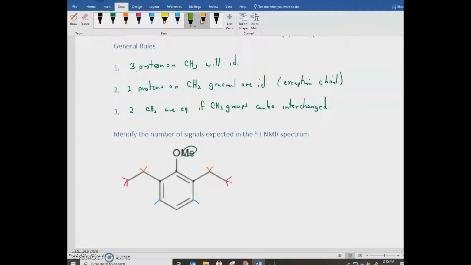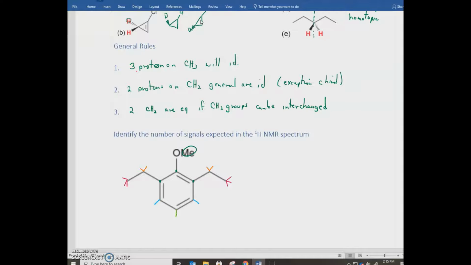And I'm about to run out of colors. We'll do light green down here. So we'd expect to have 1, 2, 3, 5 different types of protons and 5 signals.